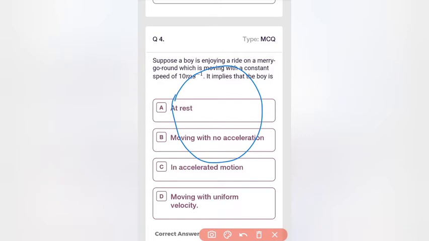At this position, the velocity will be like this, at this position like this. The velocity will be tangential to the circle, and at each instant the direction is changing, but the speed remains constant.